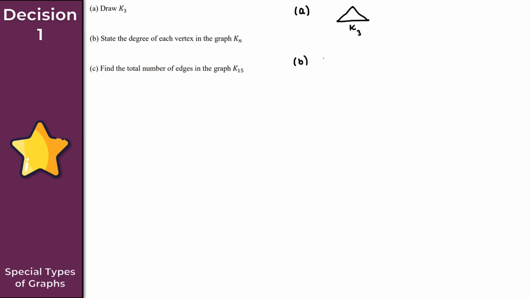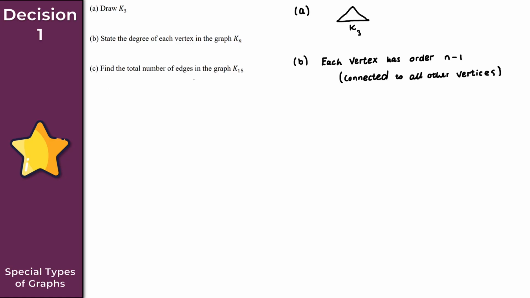So each vertex has order n minus 1. I'll just make a note underneath here that they're connected. So connected to all other vertices. Okay, and that's absolutely fine there.